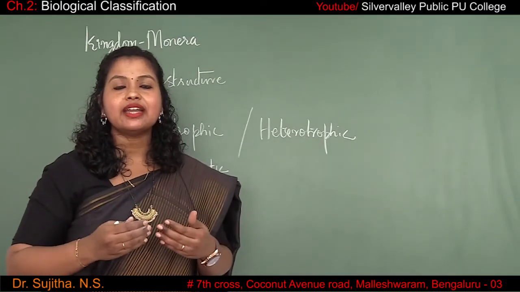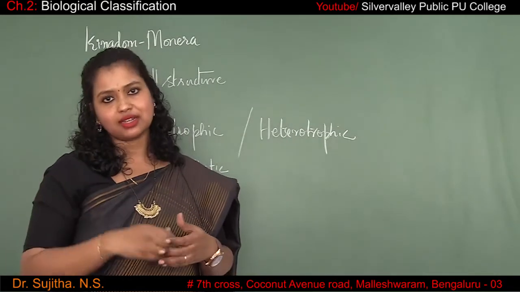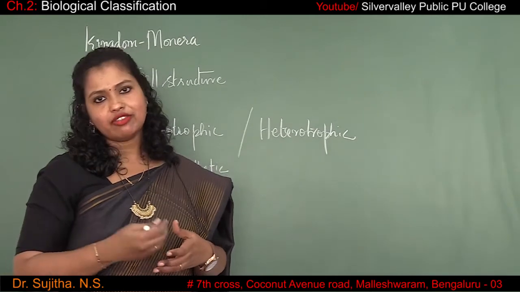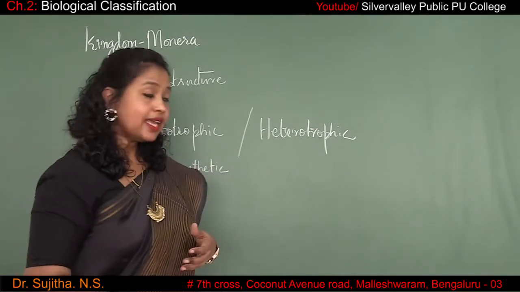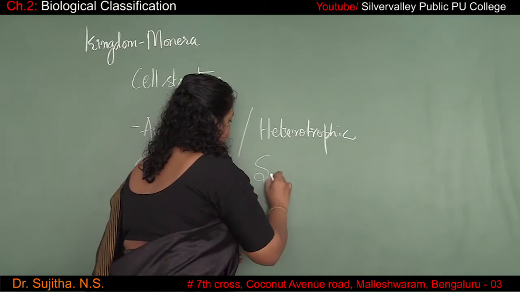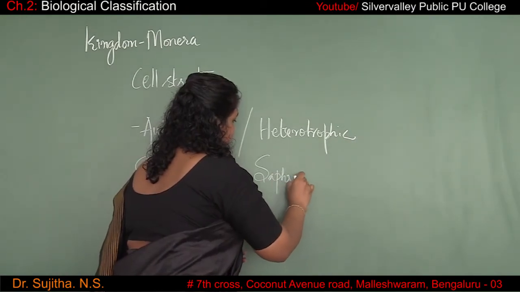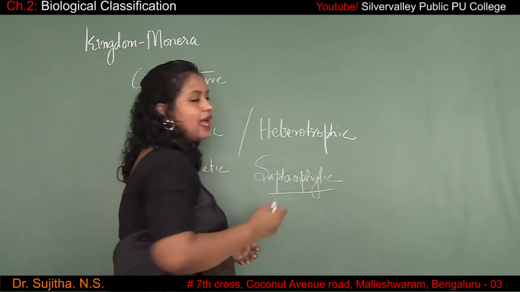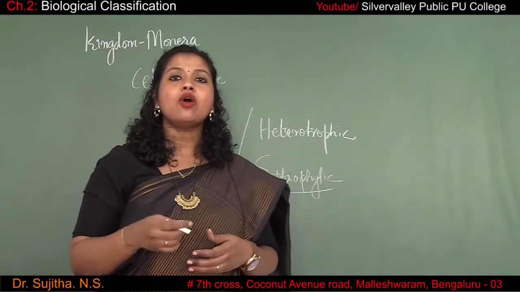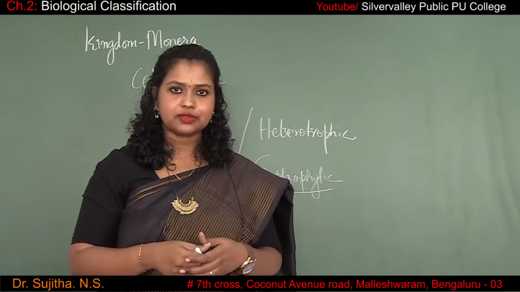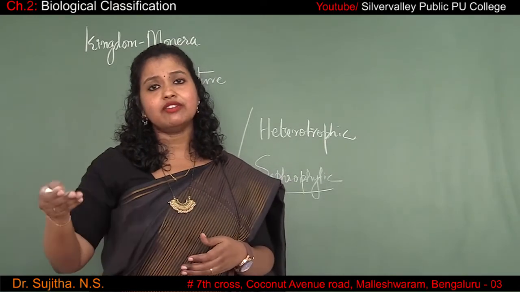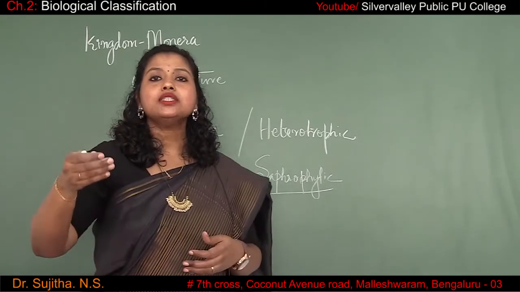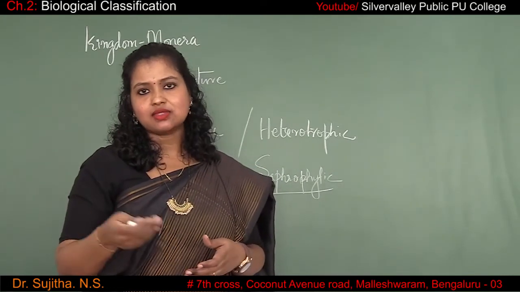That means they are dependent upon other living organisms. When I say they are dependent upon other living organisms, they can be saprophytic in nature. Saprophytic means they feed on dead matter, the living organisms which are dead. And they can even hunt or kill other organisms and eat them.